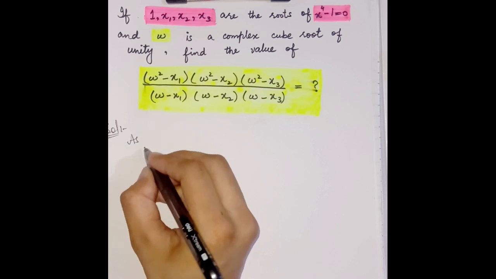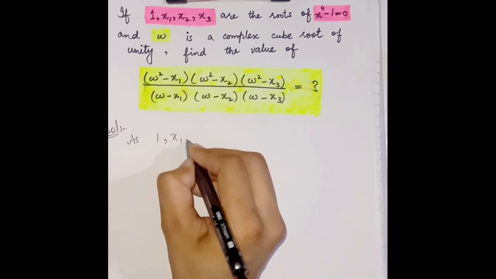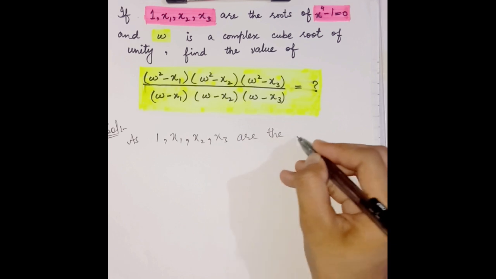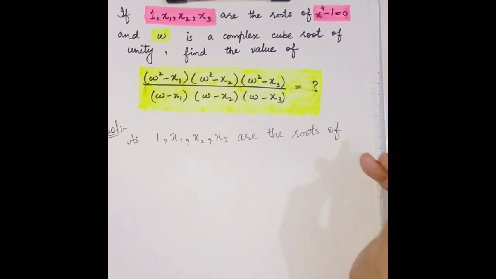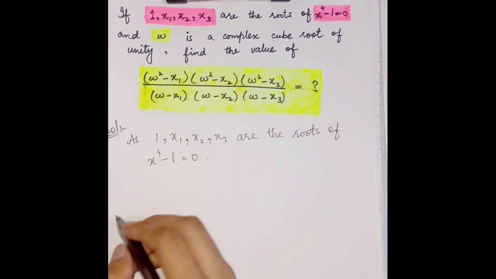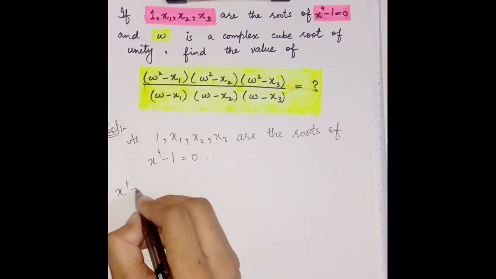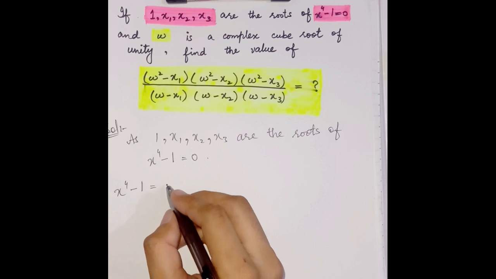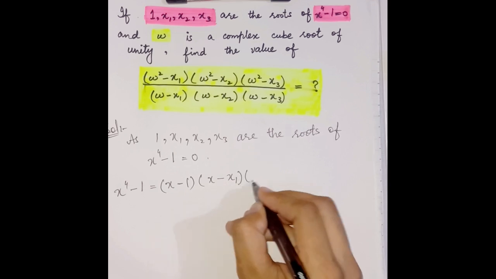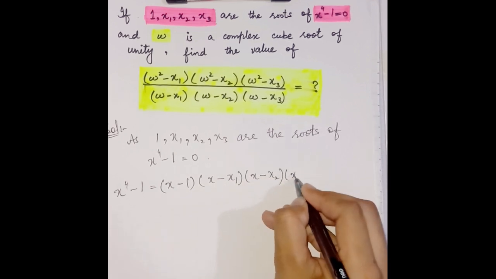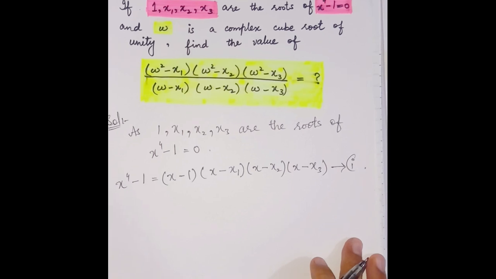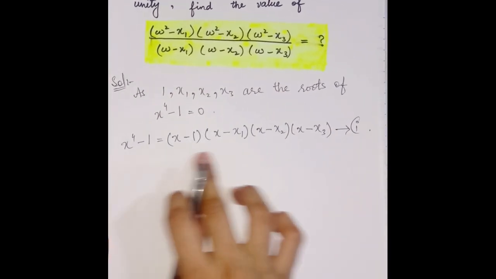Solution: as 1, x1, x2, x3 are the roots of x^4 minus 1 equals 0, I can write it as x^4 minus 1 equals (x minus 1)(x minus x1)(x minus x2)(x minus x3), and I'm naming this equation 1. As they are the roots of this equation, I can write it like this.